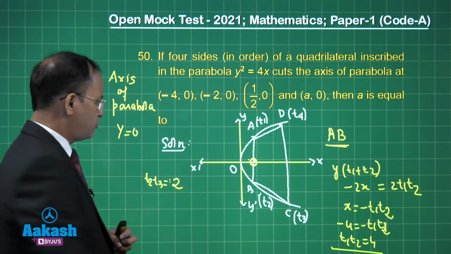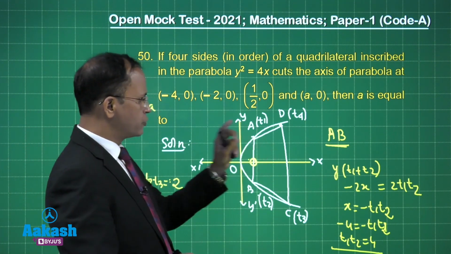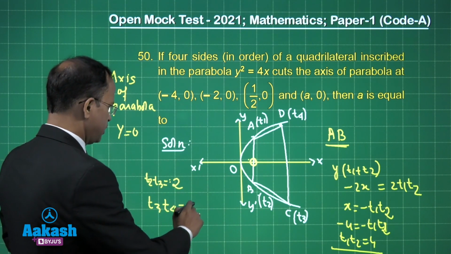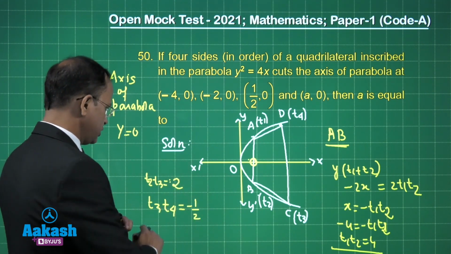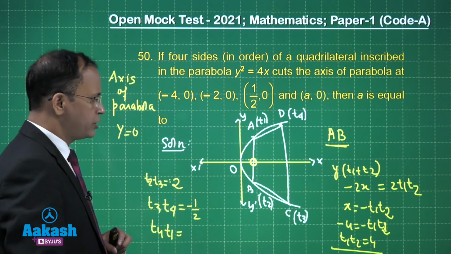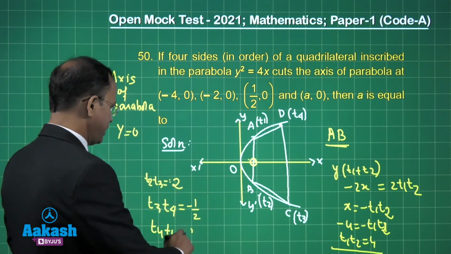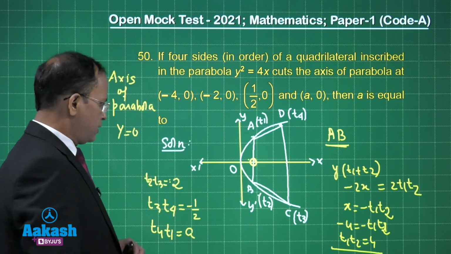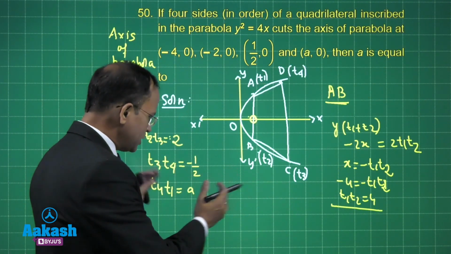Then we can find the other values, that is t3 t4. So, t3 t4 is minus half. Then we have t4 t1, which is going to be a, friends, because these are the things which are given to us. So, we can just multiply.